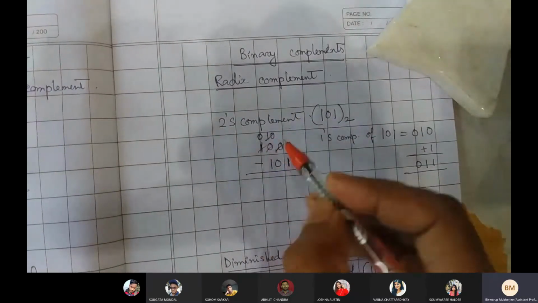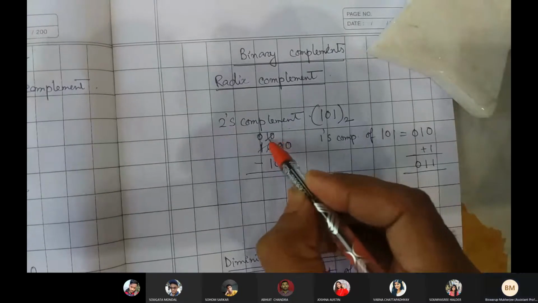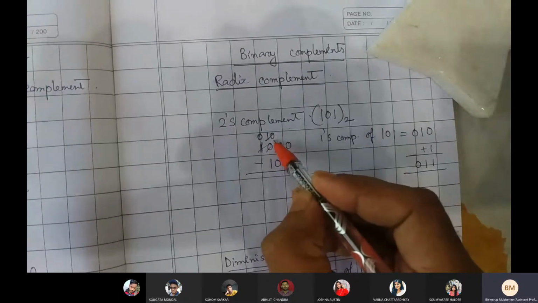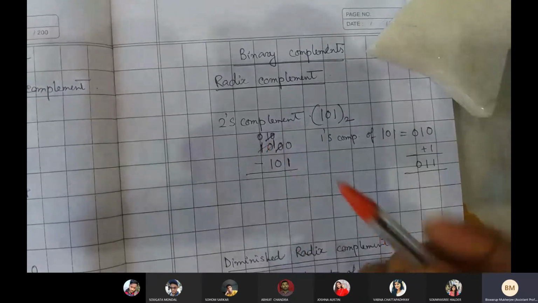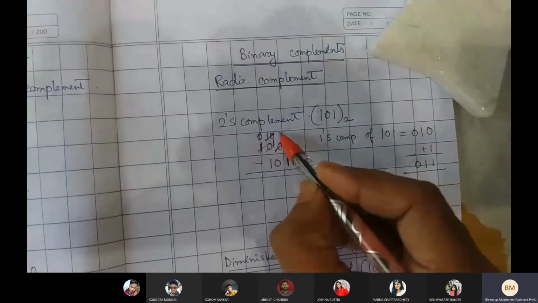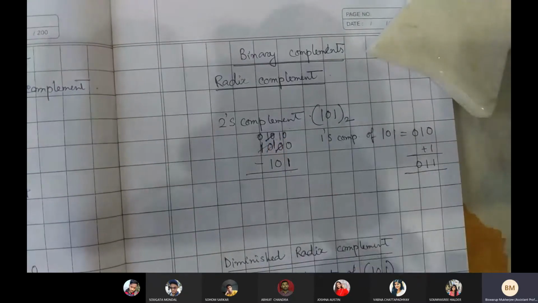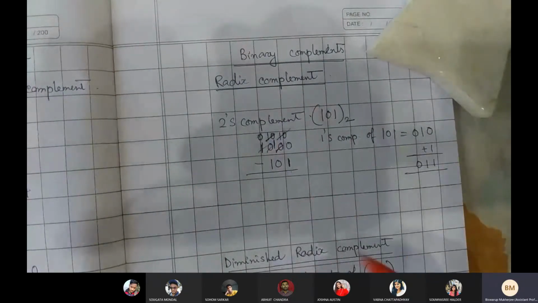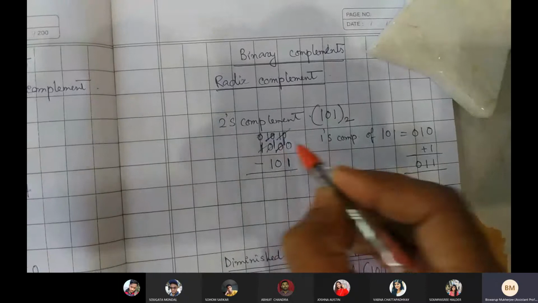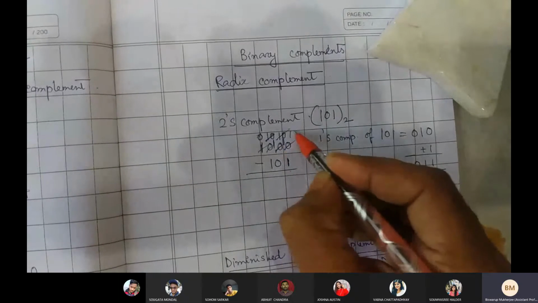You get back to here. You take 1 right over here. So that will be coming 1. Instead of 10, that will come as 1. And here it comes 10. Right? So again, you cross it, take it as 1, and this will become 10.